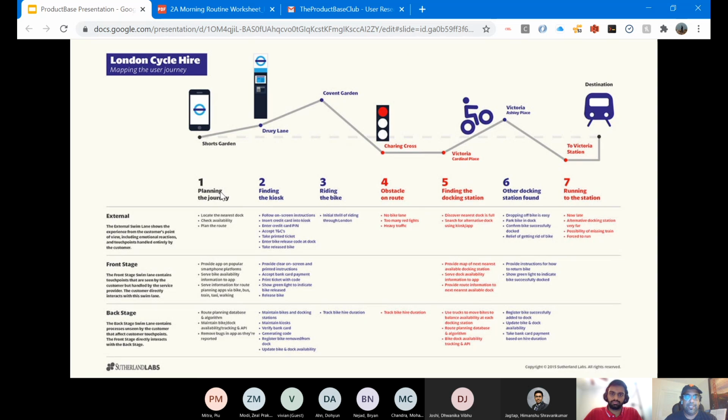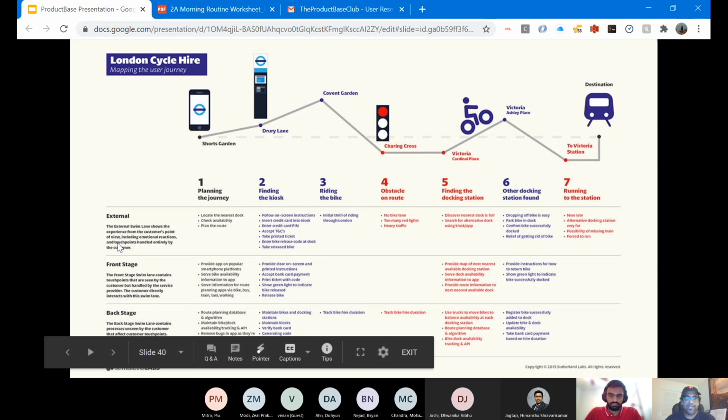You're taking all of the life cycle stages, or the steps that the user goes through, and you're trying to talk about all of the external factors that need to come through in order to make all of the steps happen. You're then dividing that into a front stage level of experience versus a backstage experience, and then you are charting out the steps that need to happen in all of this.